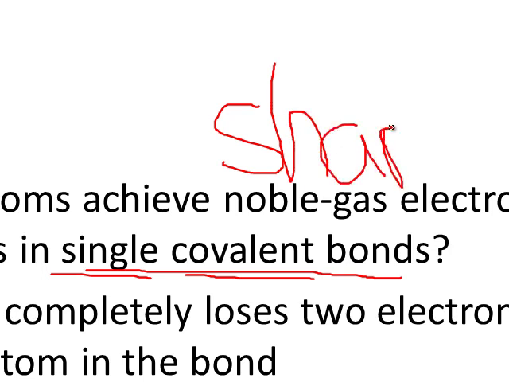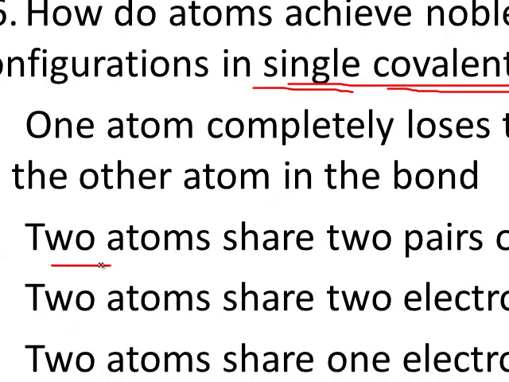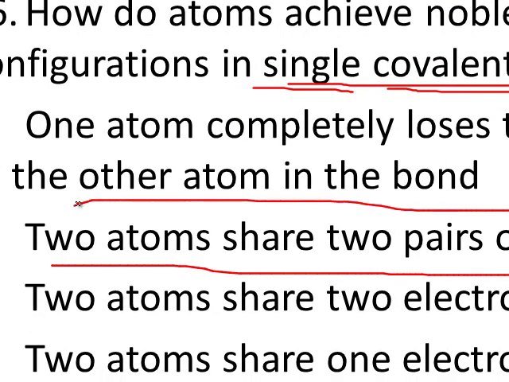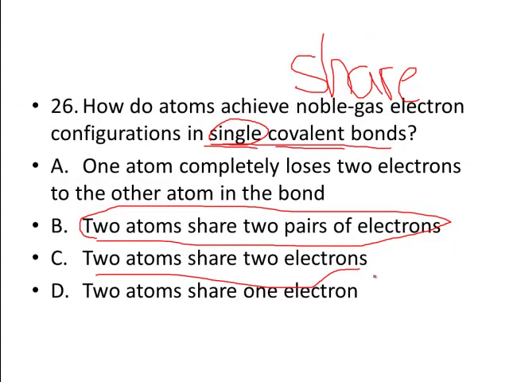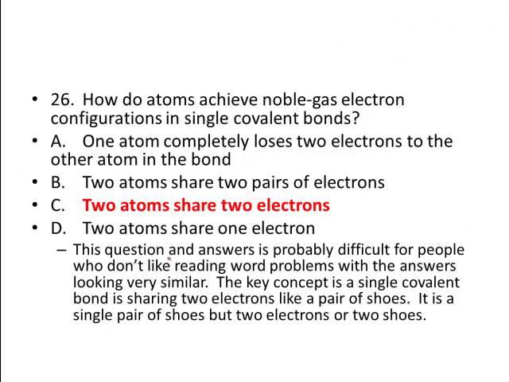Whenever you see covalent or share, they should be kind of synonymous. So this is 2 pairs, sharing 2 pairs of electrons. That's like having 2 pairs of shoes. Are we talking about double, or are we talking about single? We're talking about single. And that's a single pair of shoes, or 2 electrons, or 2 shoes. So the only right answer is C.